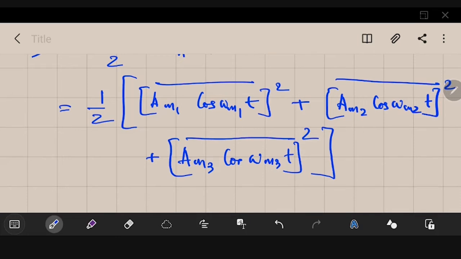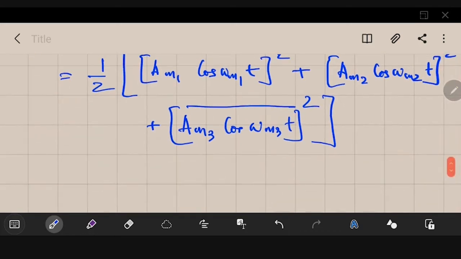Since we have already put MA1 is equal to AM1 by AC, I could write it in this way.